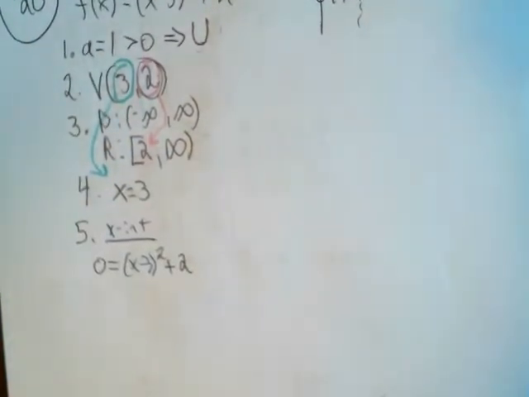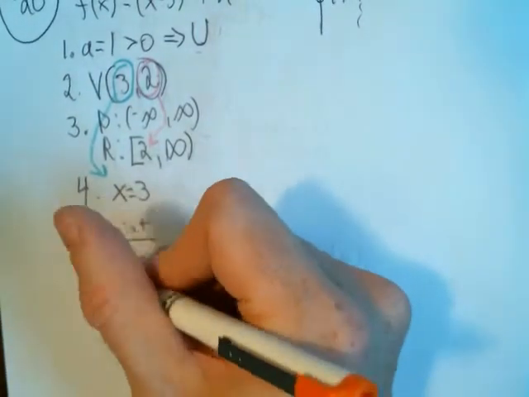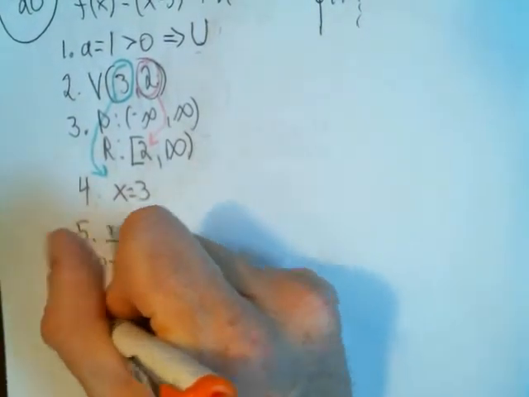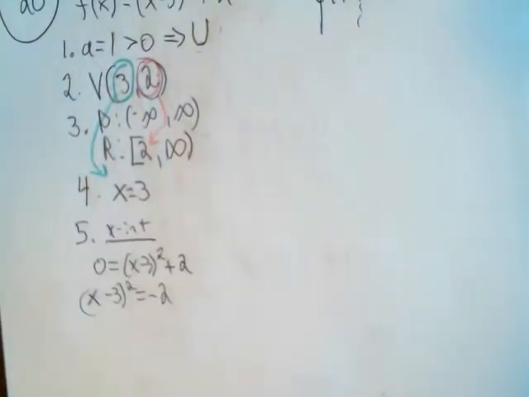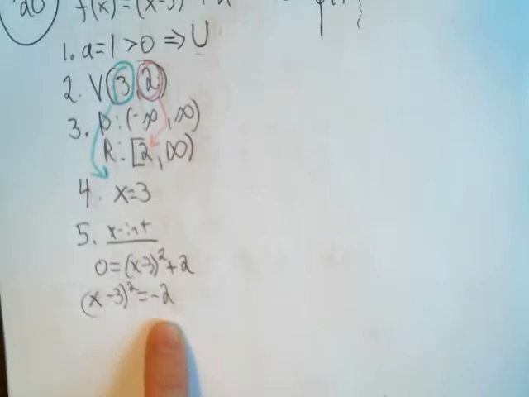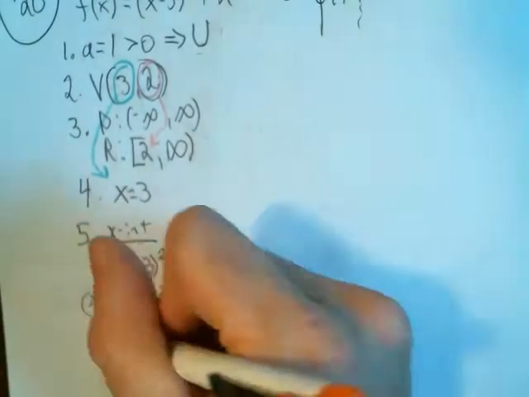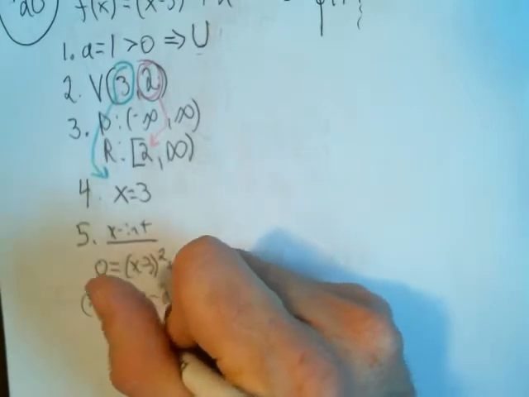Solve for x: subtract 2 to the other side. (x minus 3) squared equals negative 2. There's a big problem there: you can't square anything and get a negative out. You could try to undo this, but you're going to get imaginary solutions, and we can't graph those in the xy plane. So there's no x-intercept here.